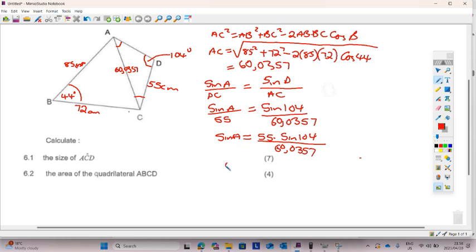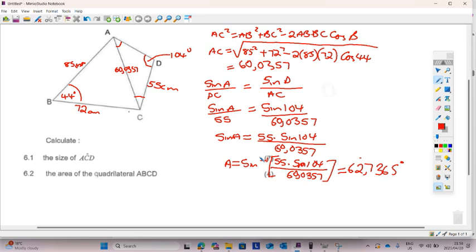To get your A there, you take the inverse function of sine, and then we have this whole thing, 55 sine 104 all over 60.0357, and on your calculator this should give you 62.7365, and that is an angle there.